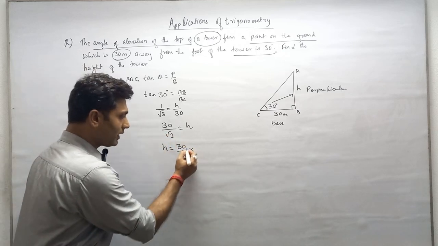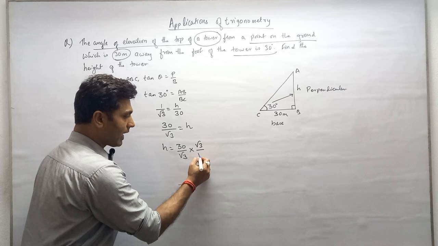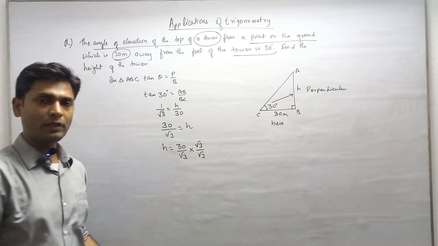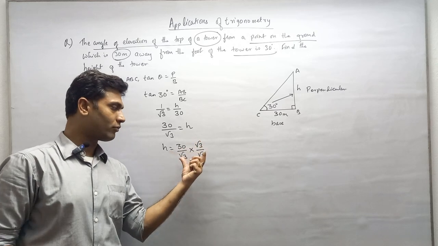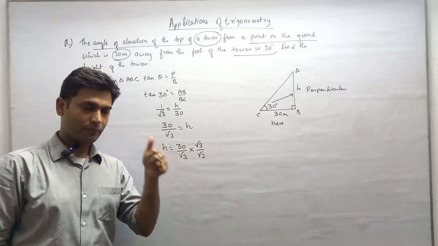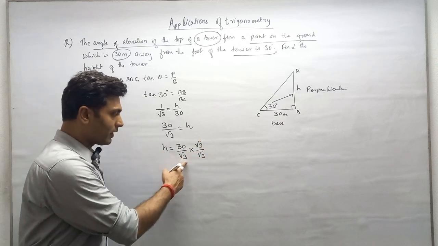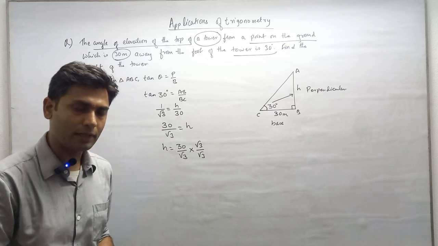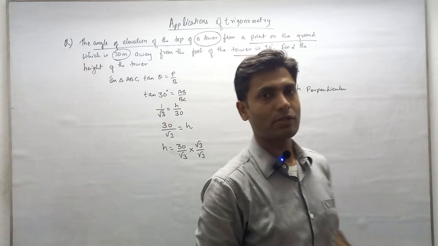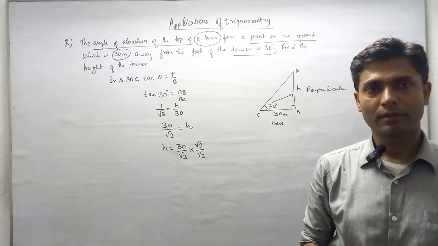We multiply both the numerator and denominator by root over 3. Why multiply by root over 3? Root over 3 into root over 3 is 3, and 3 is a rational number.